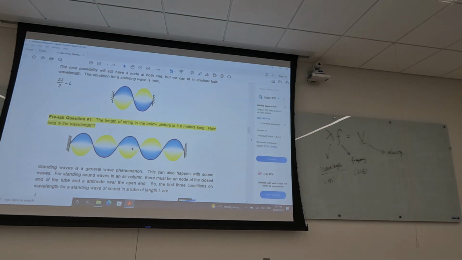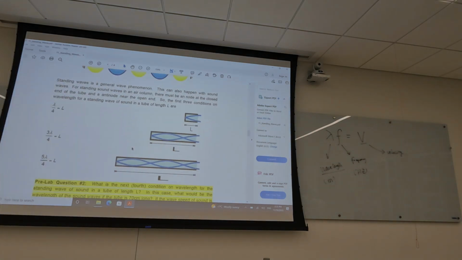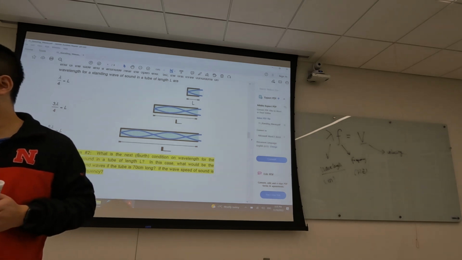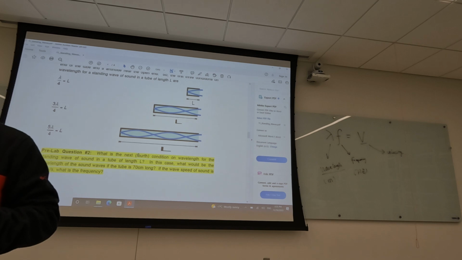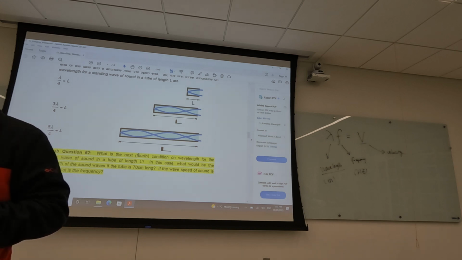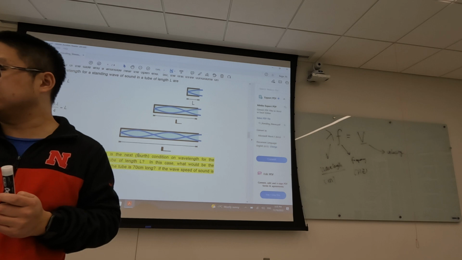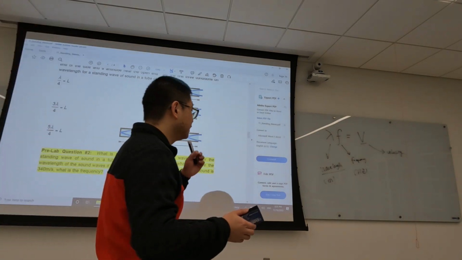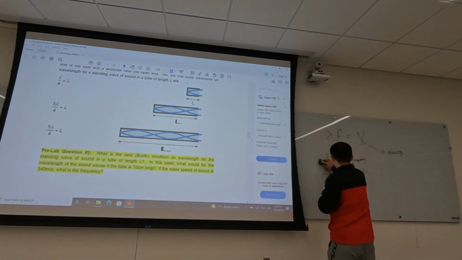Pre-lab question 2 is: what is the condition on wavelength for the standing wave of sound in a tube of length L? In this case, what would be the wavelength of the sound wave if the tube is 70 centimeters long? If the speed of sound is 340 meters per second, what is the frequency? Let's take a look at this one.